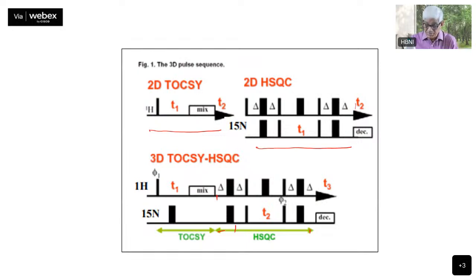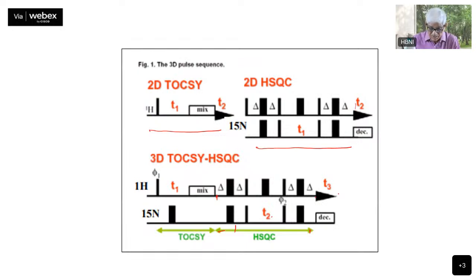But in between, during the HSQC, we have this T2. Here in the TOCSY, we have the T1. Then the mixing sequence, so this is the end of the TOCSY. And from here to here, we have the HSQC. We have another time variable here, which is T2. And we collect the data here as T3. Therefore, this is how we generate three time variables in a combination of 3D TOCSY-HSQC.